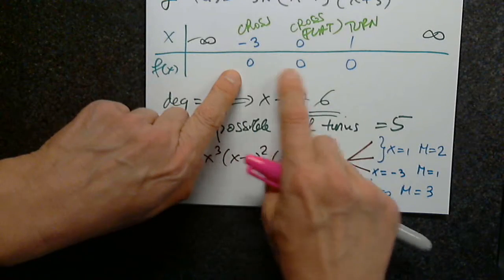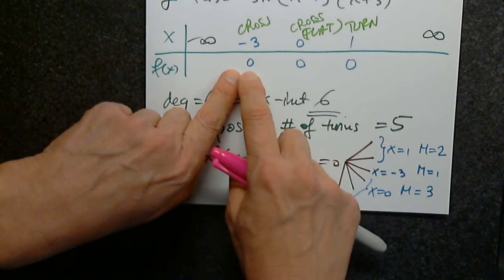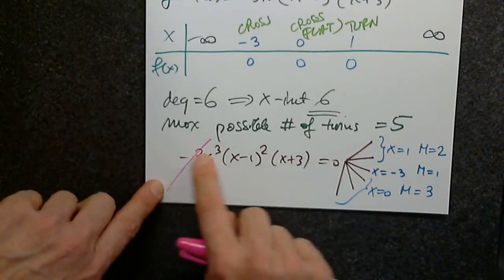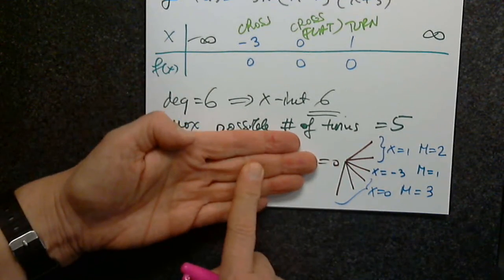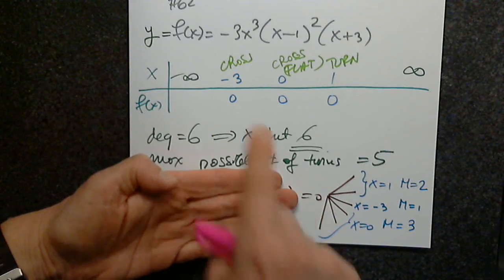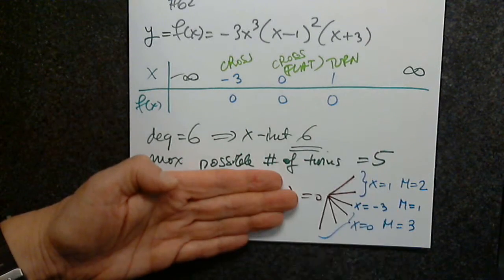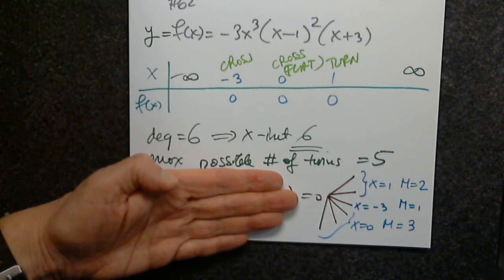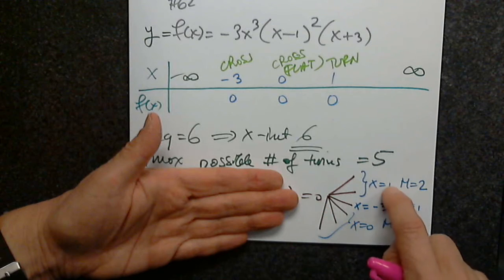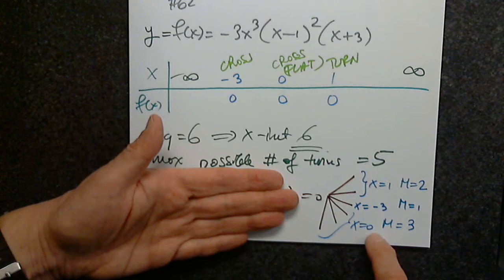So the question is how we get the zeros underneath. This is y, and y is 0. When I set y equal to 0, I get x equals 1, x equals -3, and x equals 0.